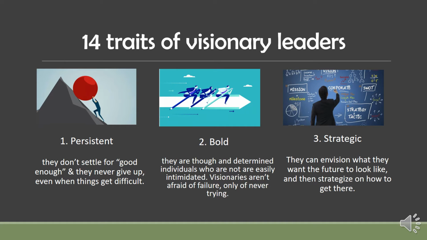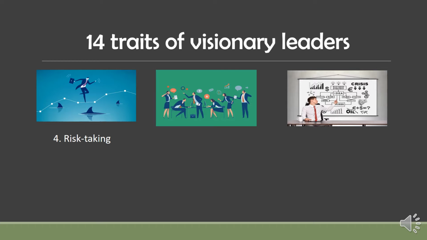Third is strategic. Strategic planning is a trait that many visionary leaders possess. Since visionary leaders are not detail-oriented, their strategic plan may not include the technicalities, but it will be a starting point for the big picture. Fourth is risk-taking. Visionary leaders understand risk and they are willing to take it.